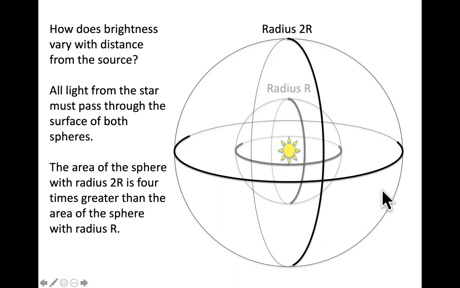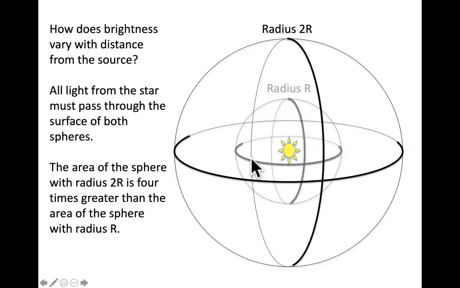The amount of light passing through the inner sphere and the outer sphere is the same. So you have just as much light passing through this inner sphere as the outer sphere. But that light is not distributed the same way. This inner sphere is smaller, so the light is more concentrated.